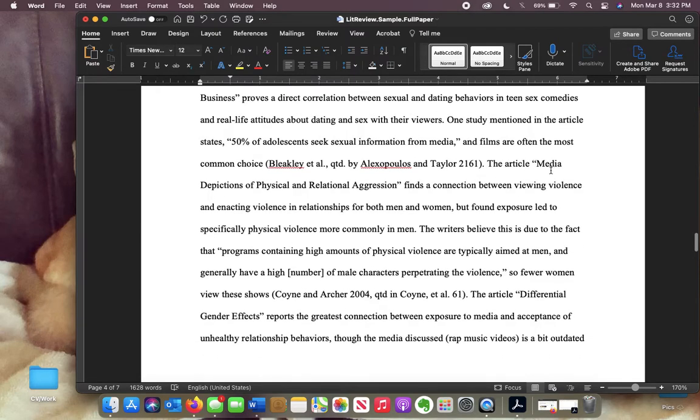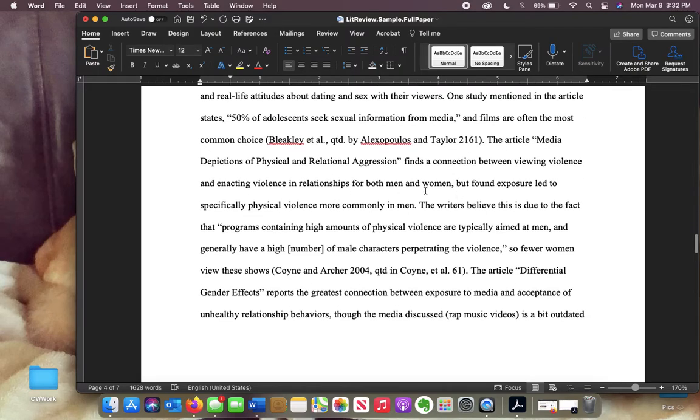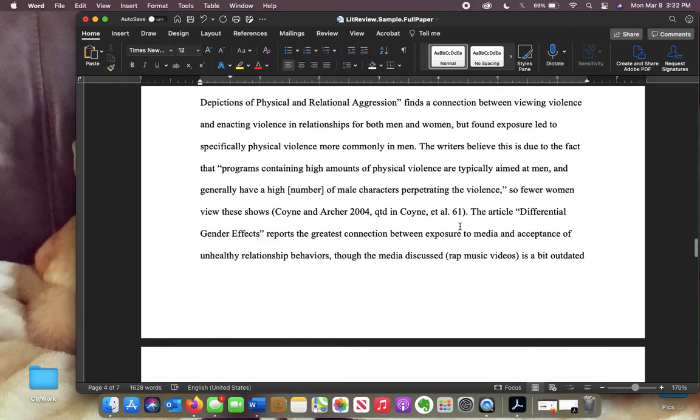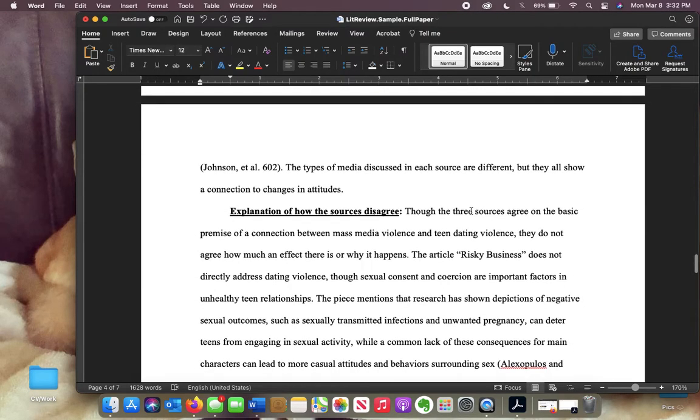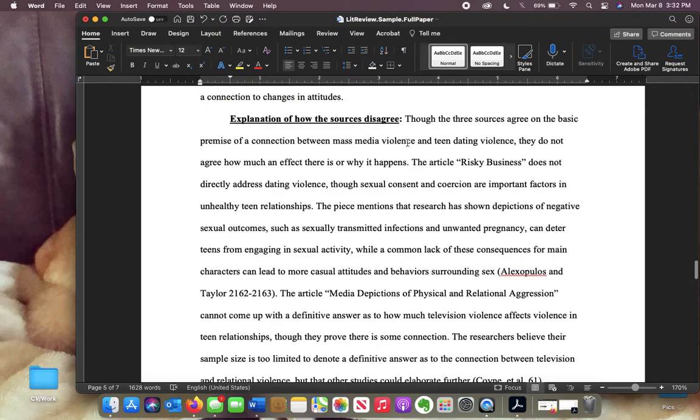And the second article, and I list what the article, I don't write the entire title of the article out every time, but I give an example from each one that, okay, this is how this supports that. So I give something from each particular source that supports that topic sentence that shows how they agree that there is a connection. And then I have an explanation of how the sources disagree.